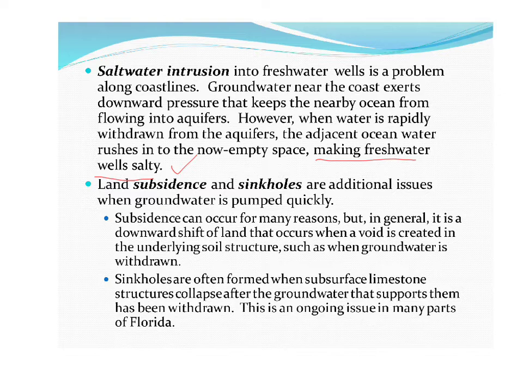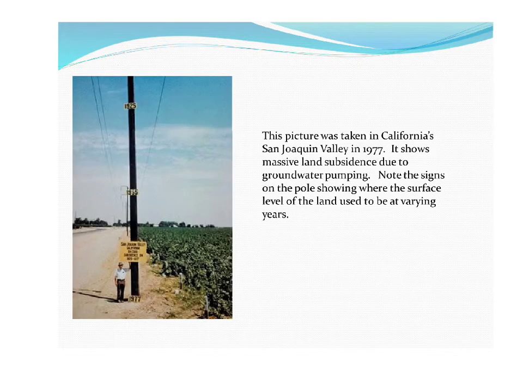Well, when you pump the fresh groundwater out of those porous structures, there's no longer hydraulic support that allows the structure to not have air spaces. So as soon as that air is there, all of that limestone collapses, kind of like a house of cards, and you end up with large sinkholes. I'm going to show you a picture of that here in just a sec.